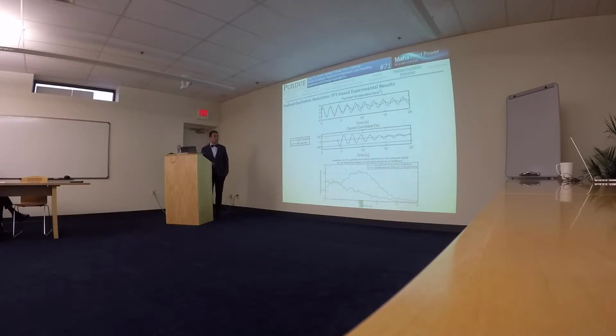Here you can see the results. As you can recognize from the previous slide, this is the acceleration measured with an accelerometer placed on the payload, and here is the control command. Here is something interesting which validates what I was saying about omega 2 and 2 omega 2. The blue line is the harmonic at exactly the same frequency of the payload in the pressure, while the red line is the harmonic at twice the frequency of the payload.